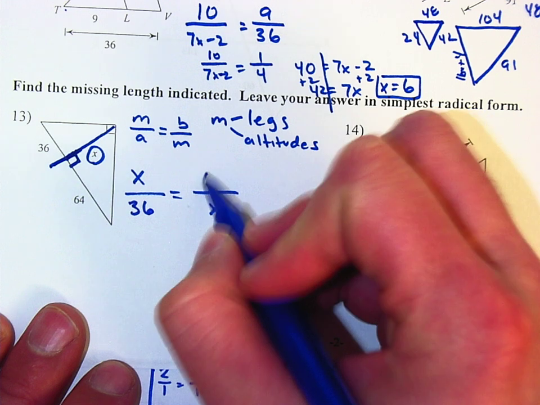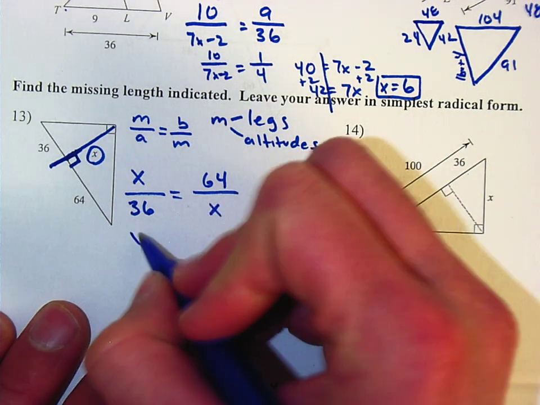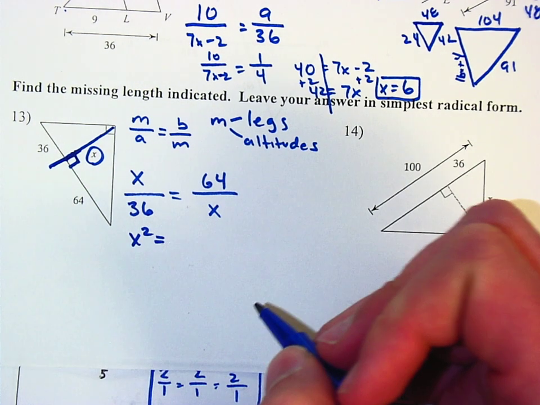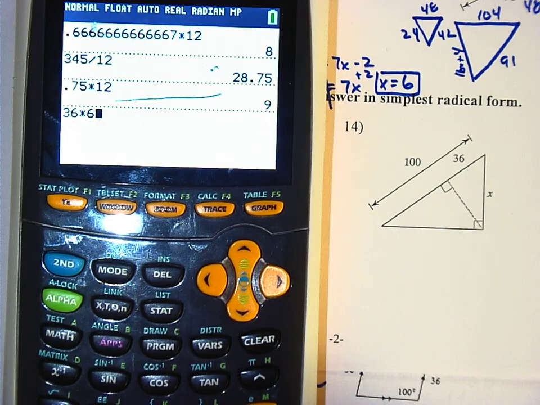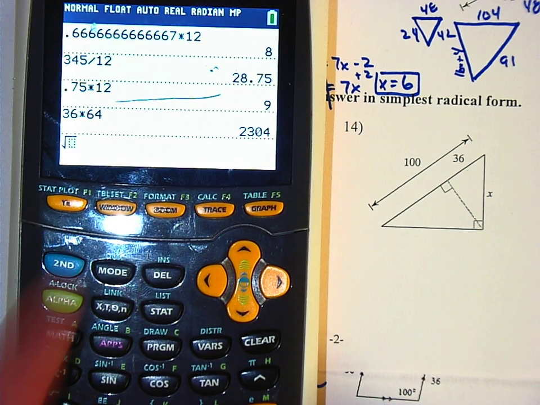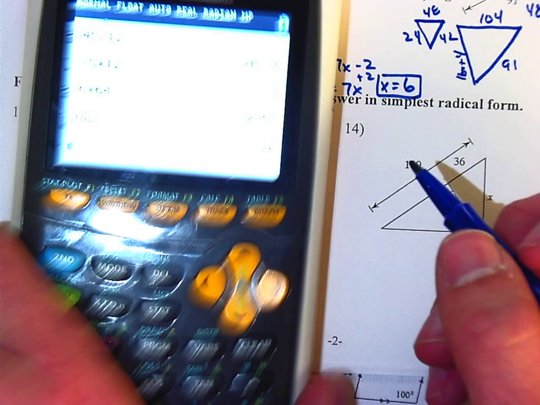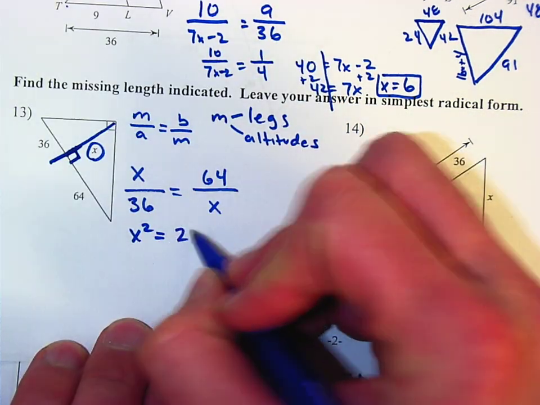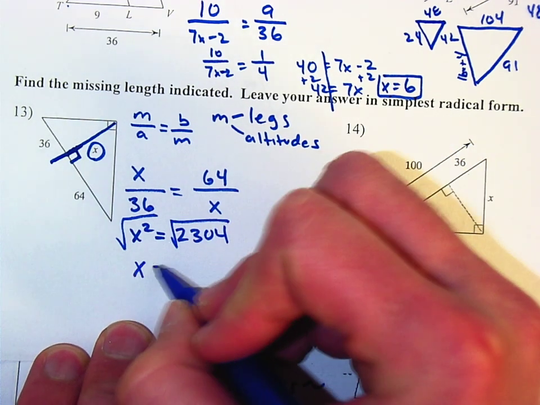So 36 and 64 just go into our formula. So when we cross multiply, we get x squared equals 36 times 64, 2304. Well, I want the square root of whatever that is, so 48. Square root, x is 48.